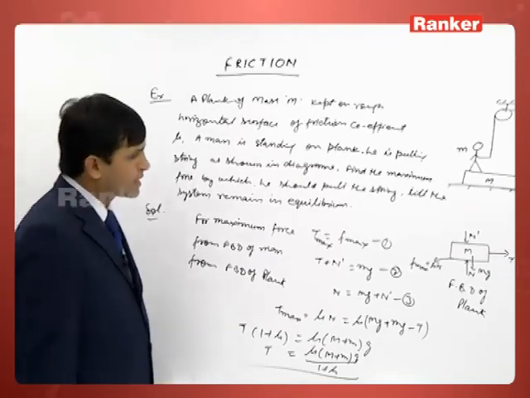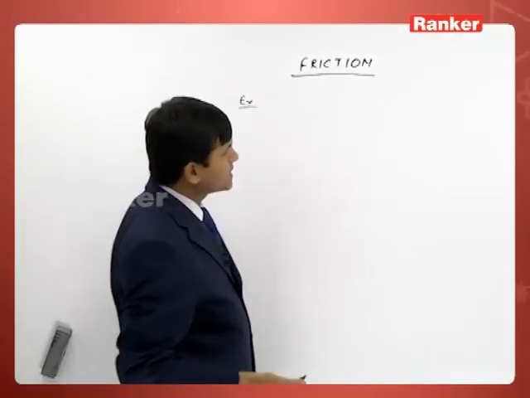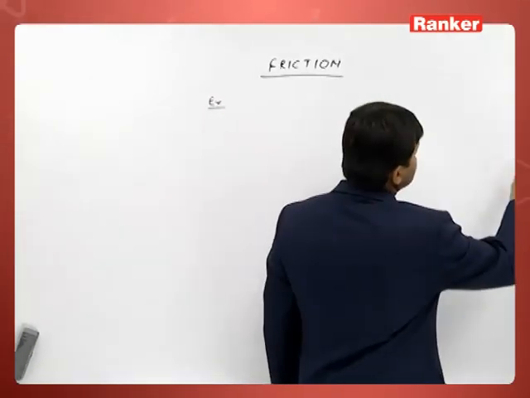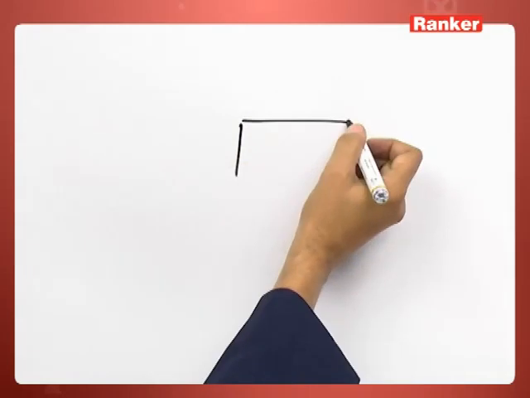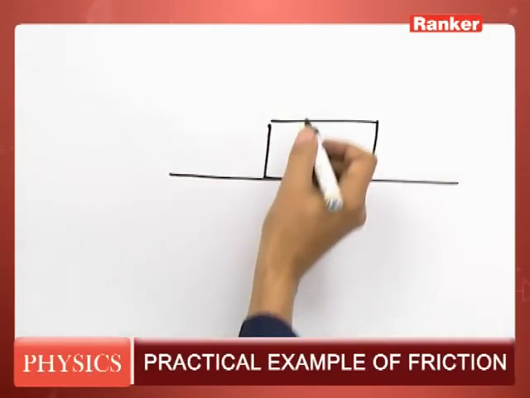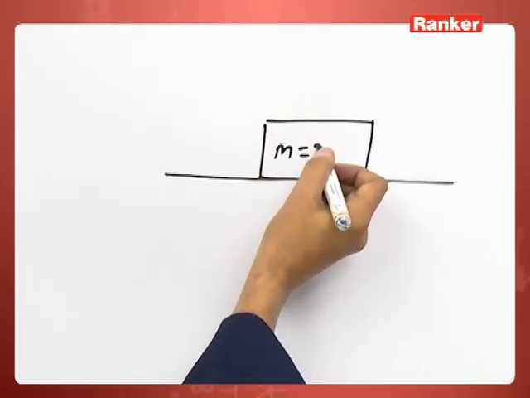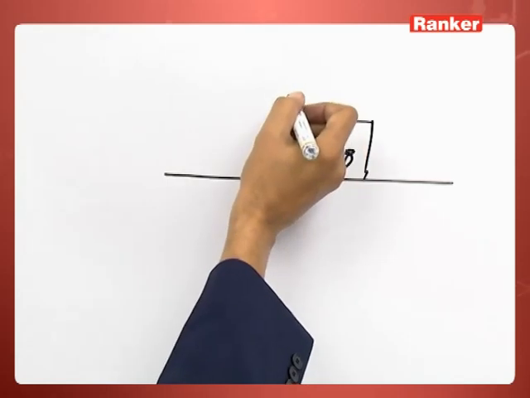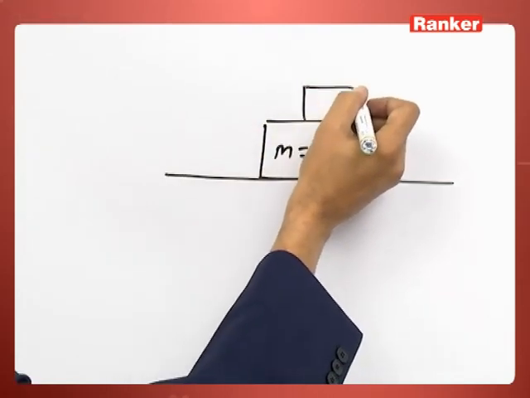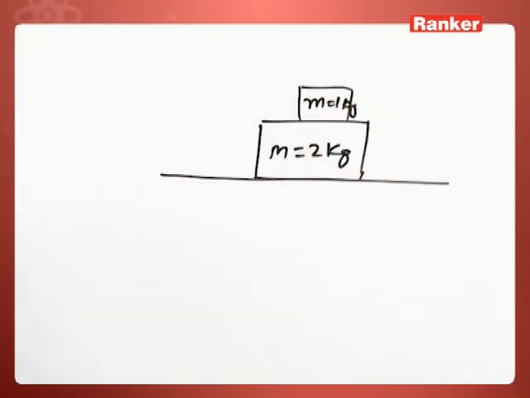Now see another example. In this example we are taking two blocks. One block has capital M mass, let this value be 2 kg, and on the other block, 1 kg of mass.